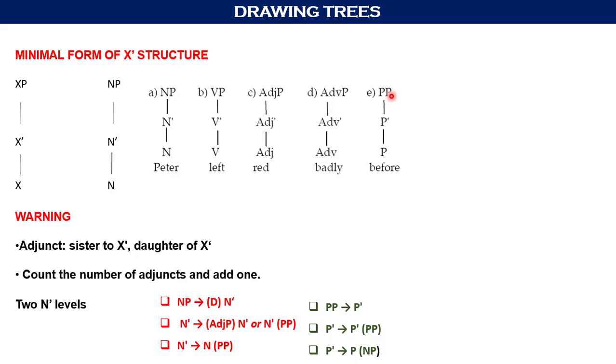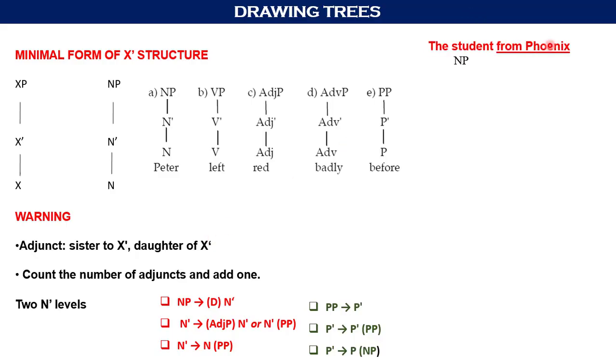If it is a prepositional phrase, it will move to a P bar and a P. Take note. So never ever write PP and then write "before." No. Don't also do PP, move to P bar, then you come and write the "before." Even if it is one word, it must have 3 levels. Take note.